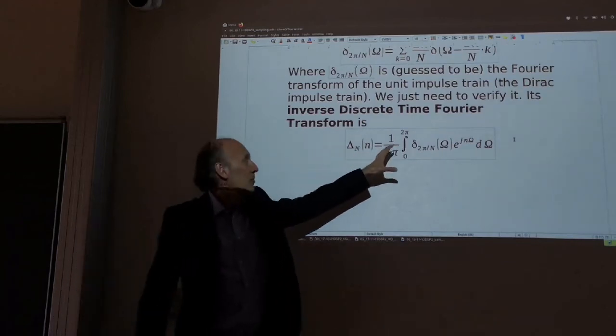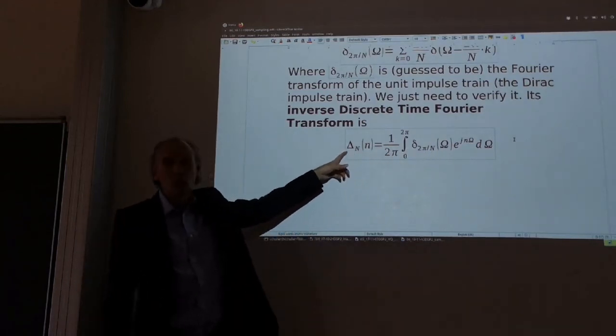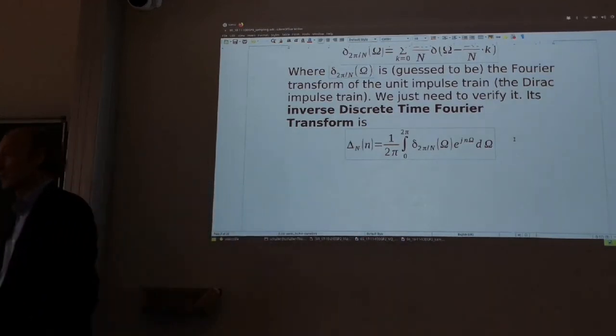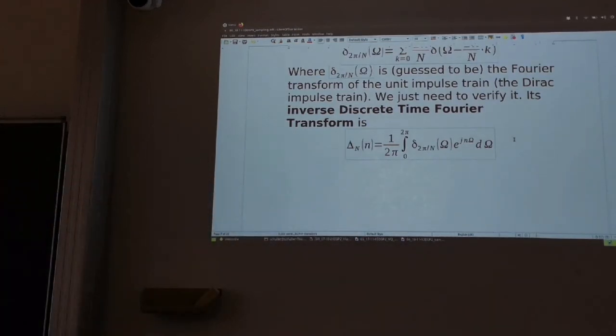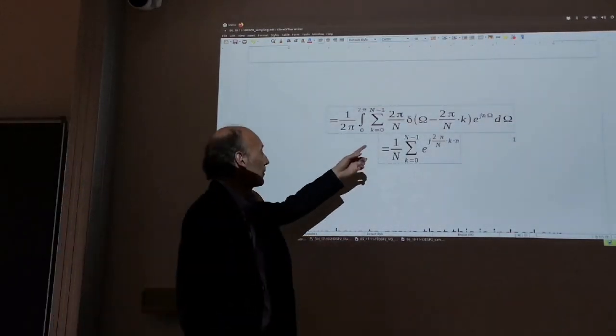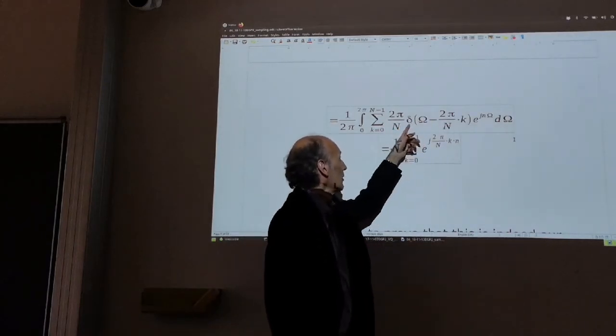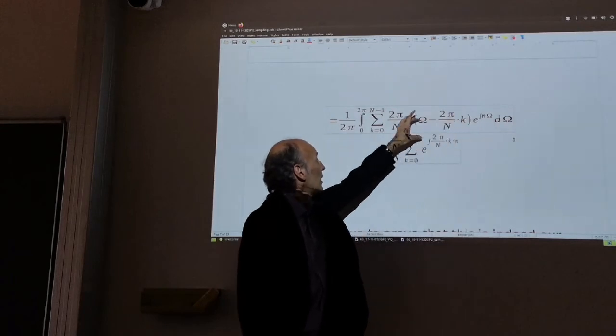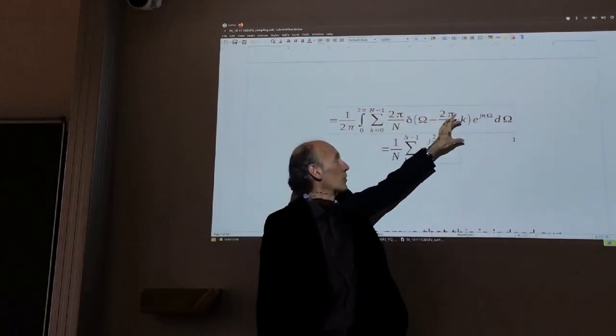So now we get something, and what we get should be the unit pulse train, if you're right. So it's actually not too difficult to compute, because here we have just Dirac pulses, which we just insert here.